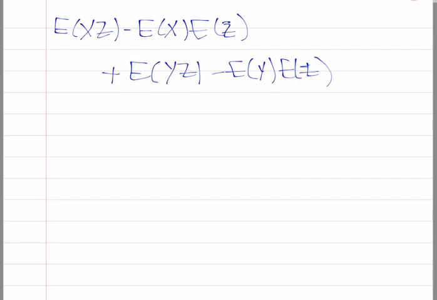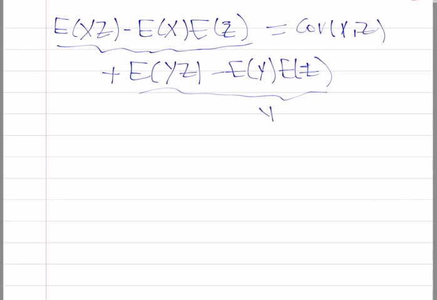So the first line equals the covariance of x and z, and the second one is the covariance between y and z.